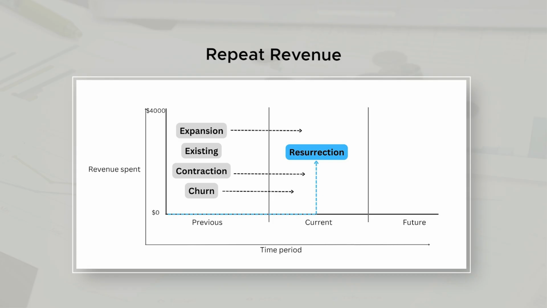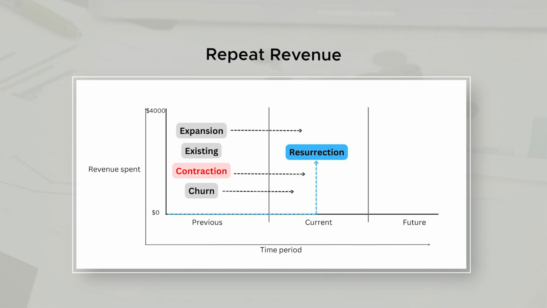Depending on any expansion that takes place, that means more users getting added or the same users adding additional modules and paying additional money, there is an expansion revenue, either on the number of users or the number of modules per existing user. So that adds to the existing revenue. Then you could also have the reverse: contraction.